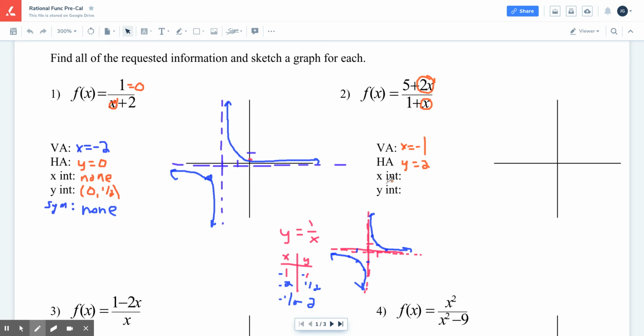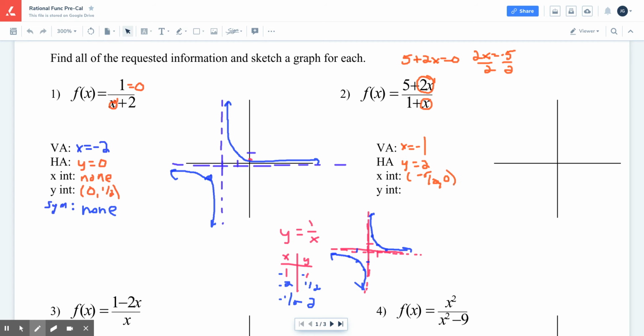For the x-intercept, we set the top equal to 0. So it's 5 plus 2x equals 0, and we end up with 2x equals -5. Divide by 2, so we get -5 halves. Do not just write -5 halves. It's (-5/2, 0).